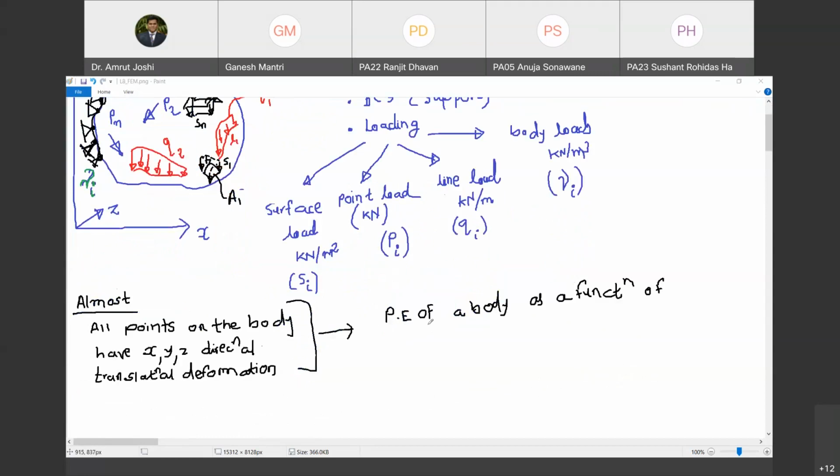Infinite. So if I were to write down potential energy of a body as a function of displacements at all the points, 3 displacements at each point, and on all such points, I cannot simply say that potential energy is a function of infinite displacements. No, instead of that, what I'm going to say is potential energy of a body as a function of displacement field. Are you with me?